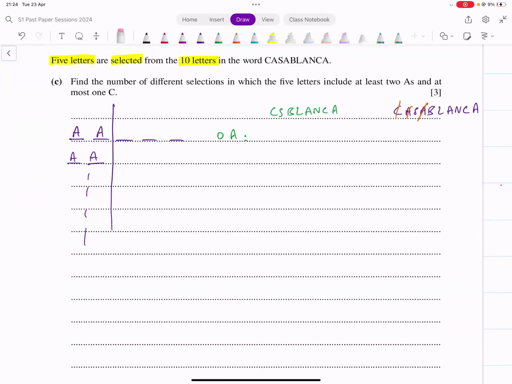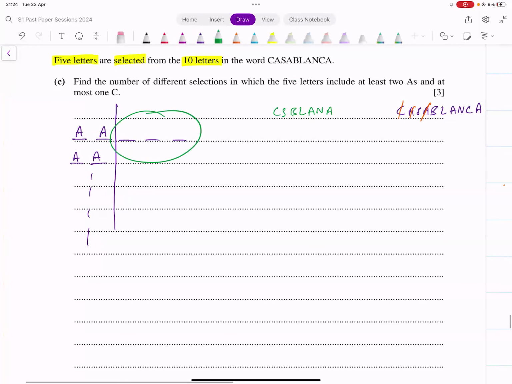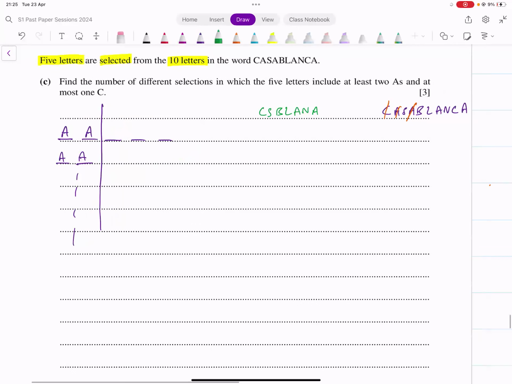And we can say we just have these 7 letters to choose from now. Because it does not matter whether we have 2 C's or 1 C. At most, we can only have 1 C. These are the remaining letters. Now, if we have 0 A's, that means no A's amongst these 3 letters.